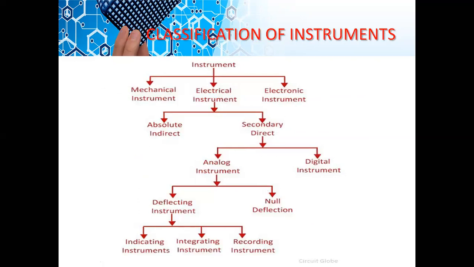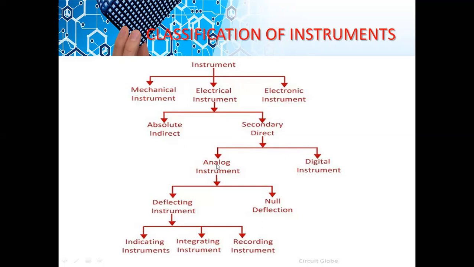Here we have classification of instruments based on quantity to be measured, mechanical, electrical, electronics, and broad classification of electrical measuring instruments. This is the basic classification. Absolute instrument or secondary instrument. And then classification of secondary instruments, analog instrument, and digital instrument. This is classification based on the output and based on the working.